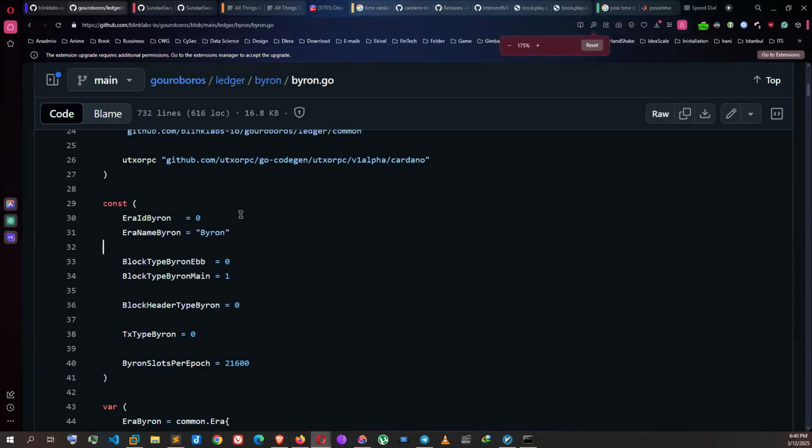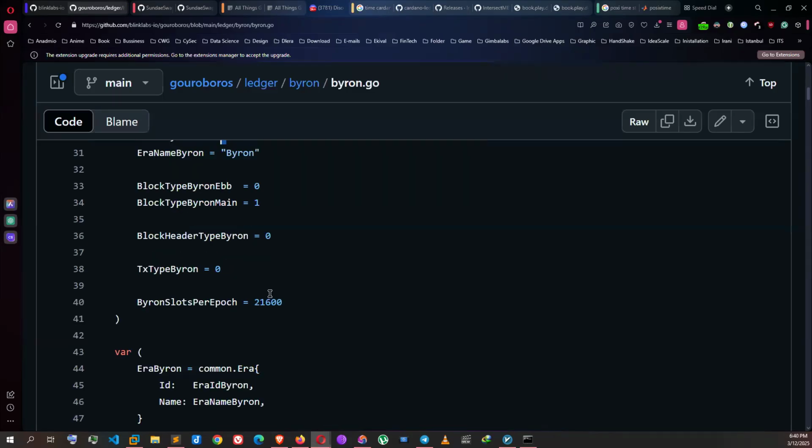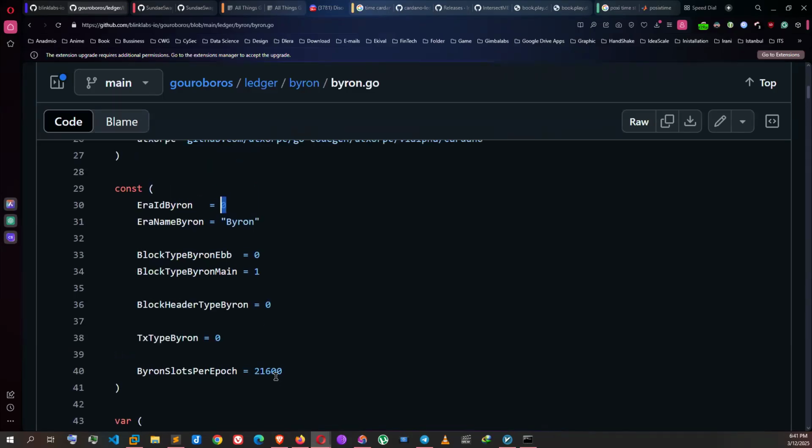Right. So there's the first era. And there's a couple other things here. First off, we have a default Byron slots per epoch that probably needs to change because it's a constant.